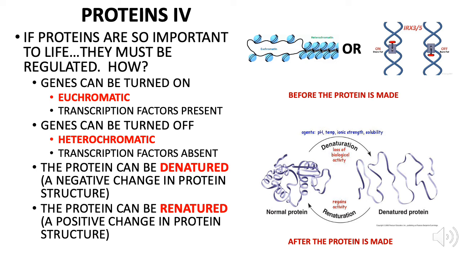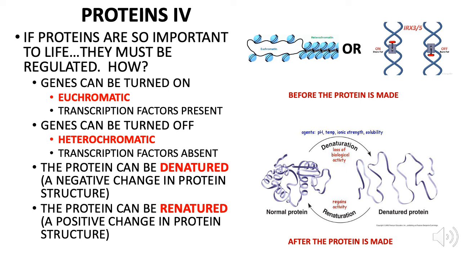On the other hand, take a look at the other illustrations to the right of the word OR, and you'll see that in that case, if transcription factors are present, I can turn on the DNA or turn on the gene, so to speak, at which point it can be read and therefore a protein is made. In either event, whether I package it loosely or I have transcription factors present, I can at that point determine if I'm going to actually be able to make the protein before I'm actually getting in the process.